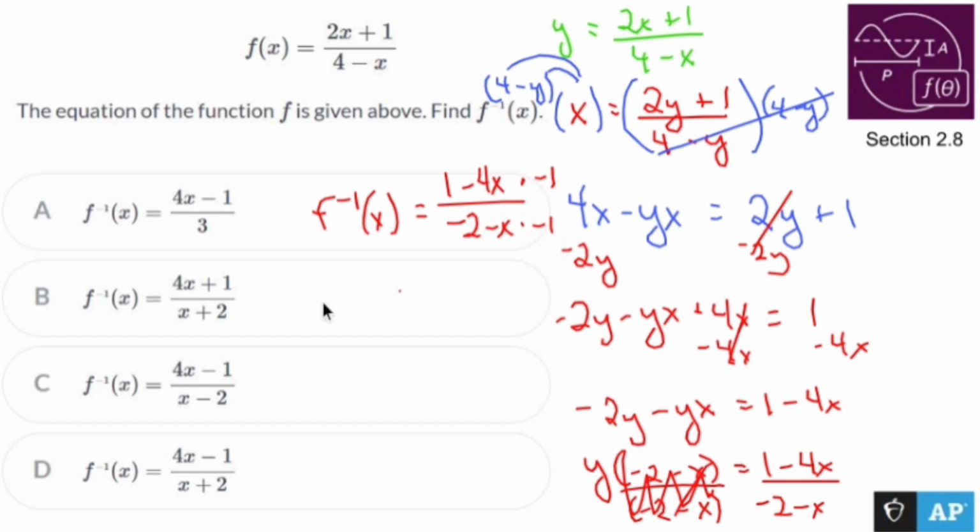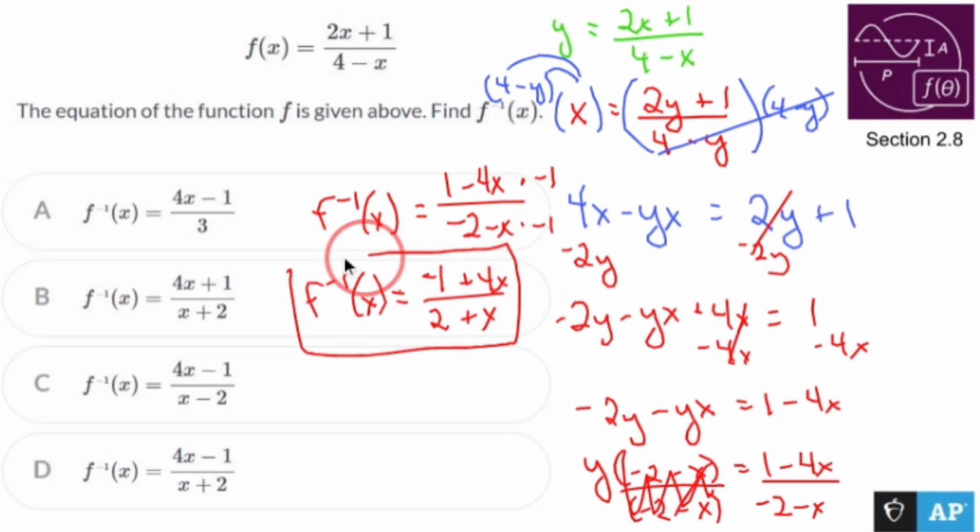And when I do that, that flips the sign of everything. So I now have negative 1 plus 4x over positive 2 plus positive x. And using that information, I should be able to find the guy with the negative 1 and the positive 4x upstairs and the positive 2 and the positive x downstairs, which is that guy, and my answer is D.